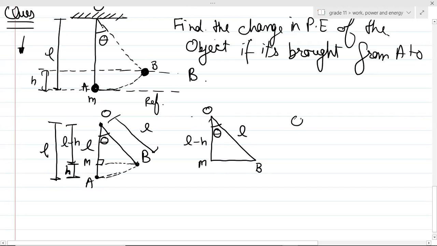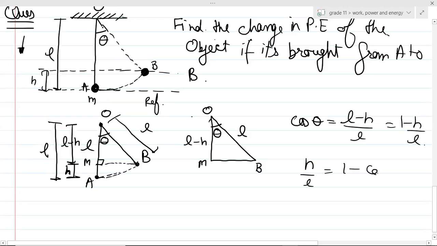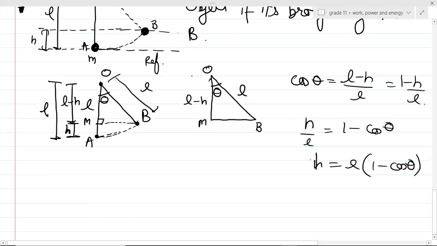Now cos theta will be equal to L minus h upon L, which is basically 1 minus h upon L. So from here h upon L will be 1 minus cos theta, and h will be equal to L into 1 minus cos theta. Is this clear? So now you got h.